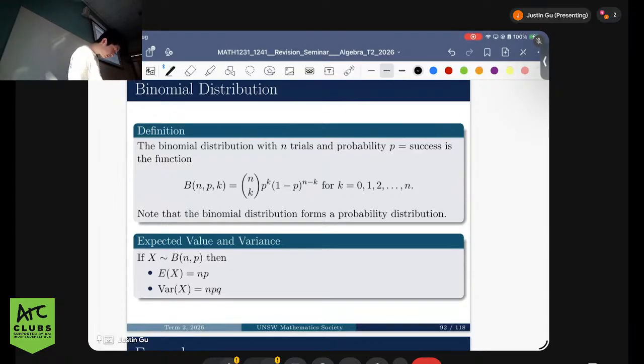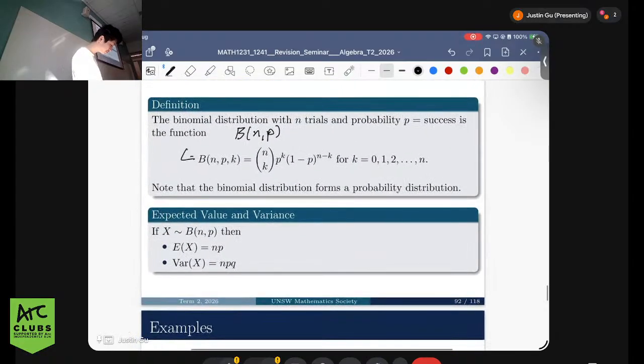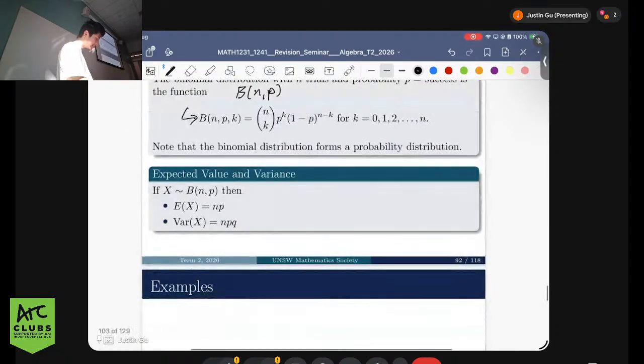We denote it as B(n, p), and the probability that there are k successes is given by this formula, which is basically repeating what we had above. And if X is a binomial distribution with n trials and p chance of success, then its expected value is n times p, and its variance is n times p times q, which is np(1 minus p).